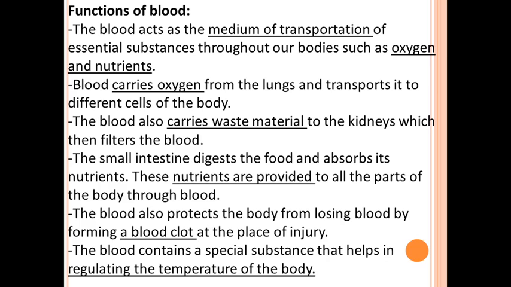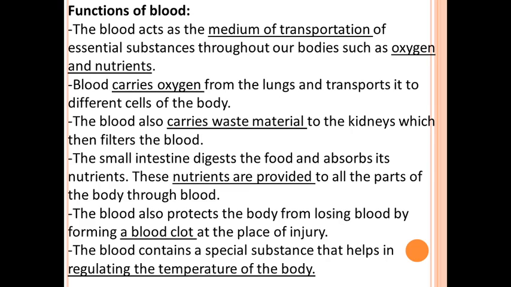Blood not only carries oxygen and nutrients but also carries waste material. The nutrients are provided to all the body parts through the blood. Then blood clotting and regulation of our temperature. These are all the functions of blood.